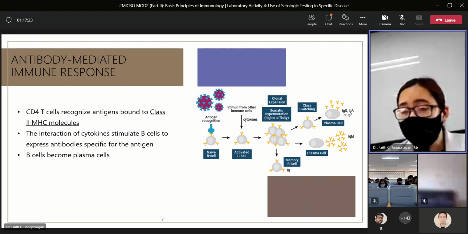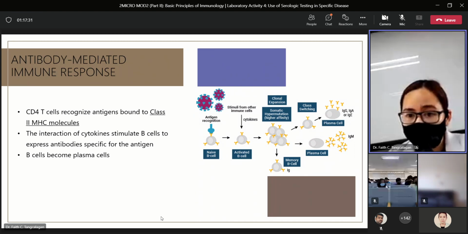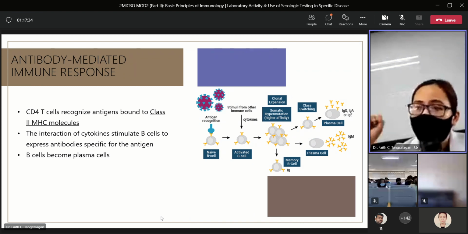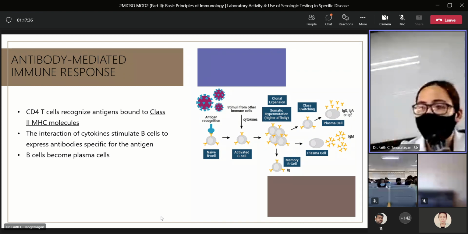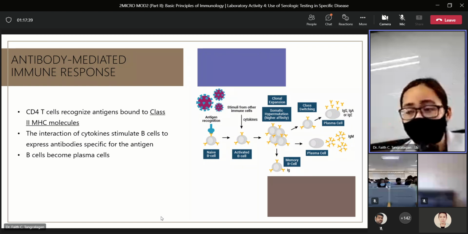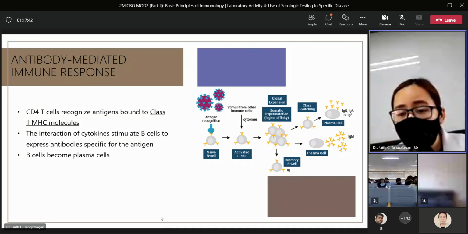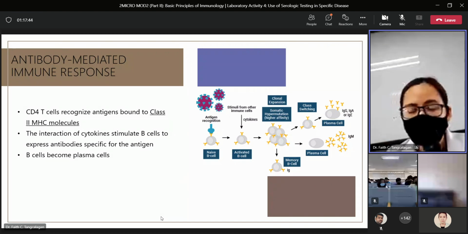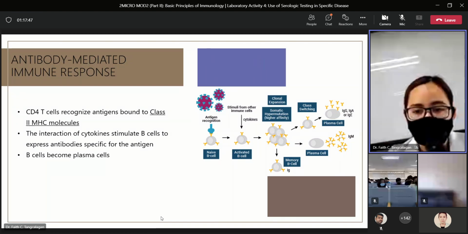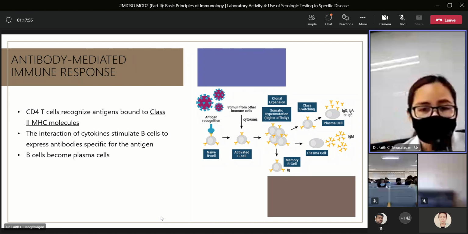They are responsible for presenting antigens to the T cells, like antigen presenting cells. They are on the surface of the cells. The consequence of these interactions is that cytokines will be produced, stimulating your B cells to express the antibodies. This is the explanation of your antibody-mediated immune response.